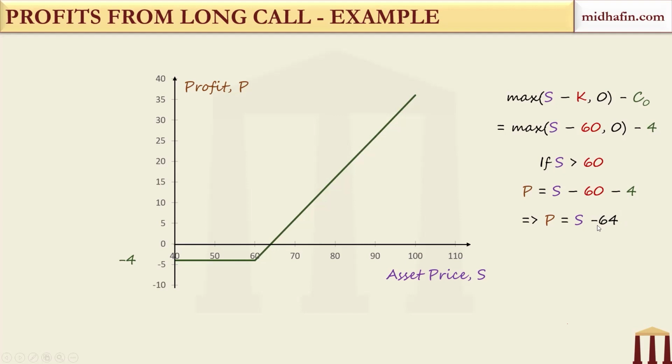So always remember, if you want to find the break-even asset price, where you have a no profit, no loss scenario, from which point onwards you will start accumulating profit, you need to simply add the option premium to the strike price. So if the strike price is 50 and the option price is 3, the profit will start from 50 plus 3, that is $53.